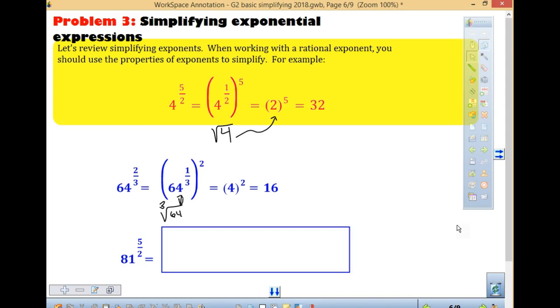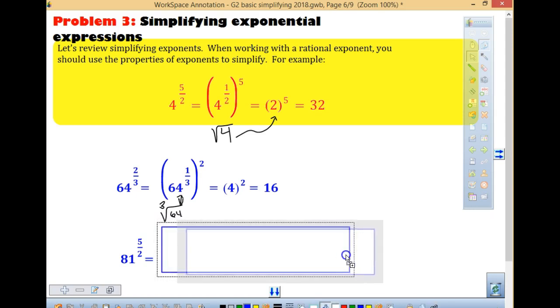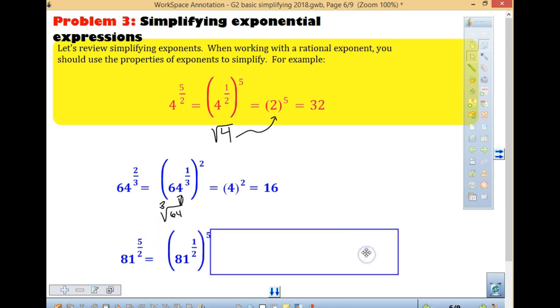Cube root, that's what 1/3 means, okay? By looking at the denominator, that's telling us our index or our root, right? This denominator, here when it was 2, that meant square root. So for this one, we're going to rewrite it as 81, not to the 5/2, but 81 to the half power is how you're going to start, right? 81 to the half raised to the 5th.